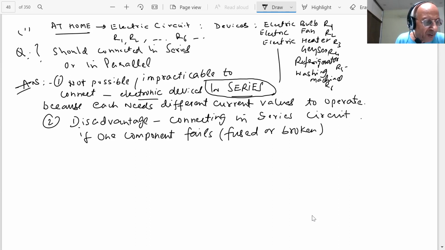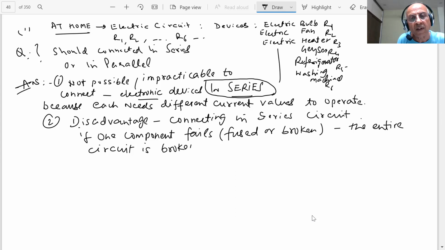This will break the entire circuit. The entire circuit is broken. And what will be the result of that? If the entire circuit breaks, what will happen, student? None of the components will work.